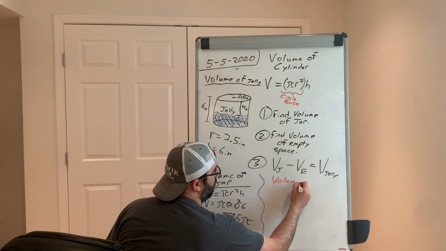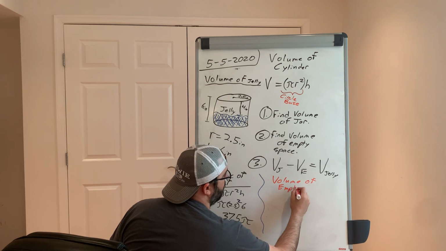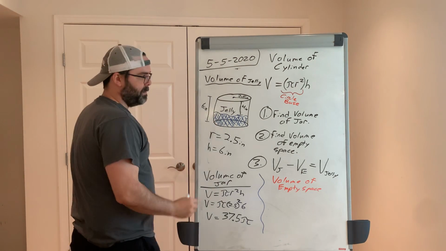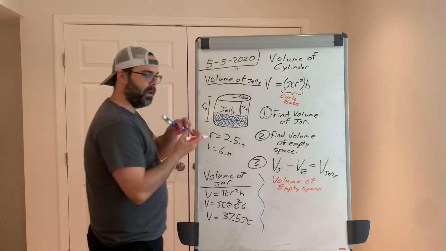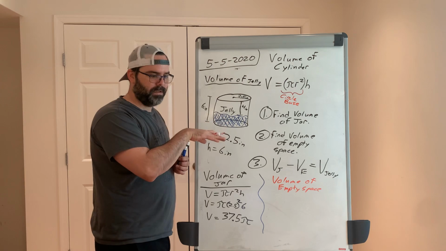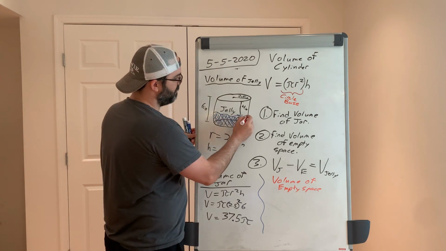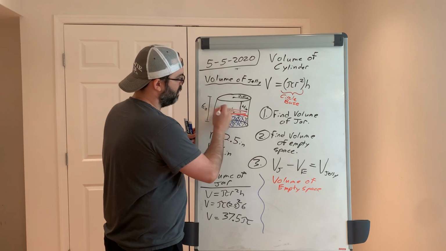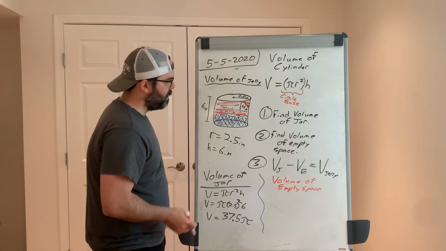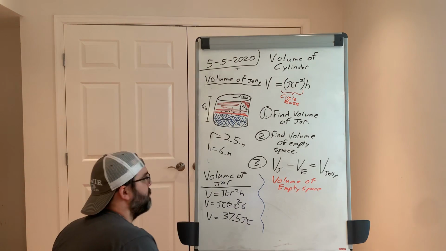Now the volume of the empty space is like cutting the cylinder in half, right? So imagine you put a saw and cut through the jar of jelly, and now there's the jelly side and then the empty side. So it's everything in here where the red is, okay? So it's 4 inches tall, and it's got the same radius of 2.5.